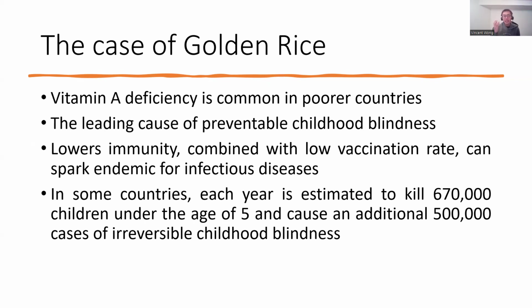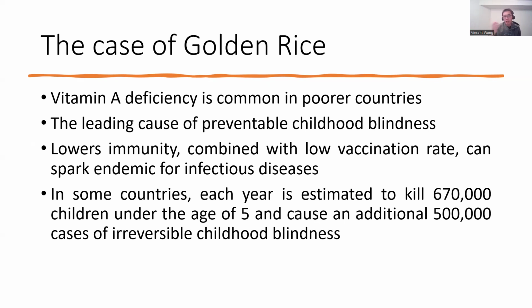Now, vitamin A is an important nutrient for us as humans, okay? Because when a person does not receive enough vitamin A, when they have vitamin A deficiency, that could lead to blindness. Okay? It starts off as nighttime blindness, and then eventually it could lead to blindness.